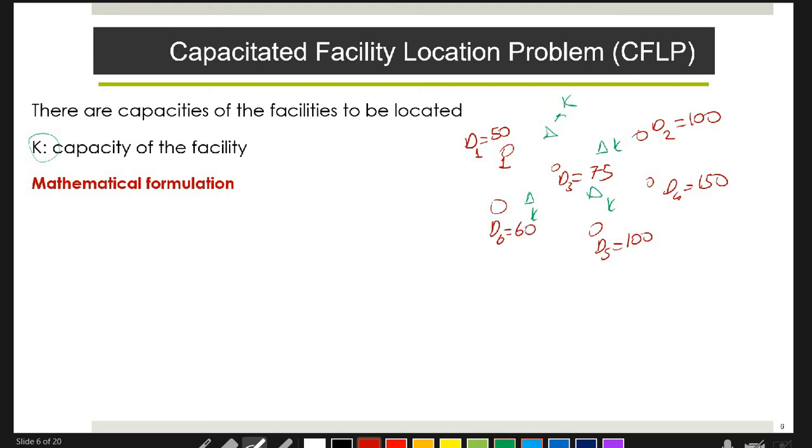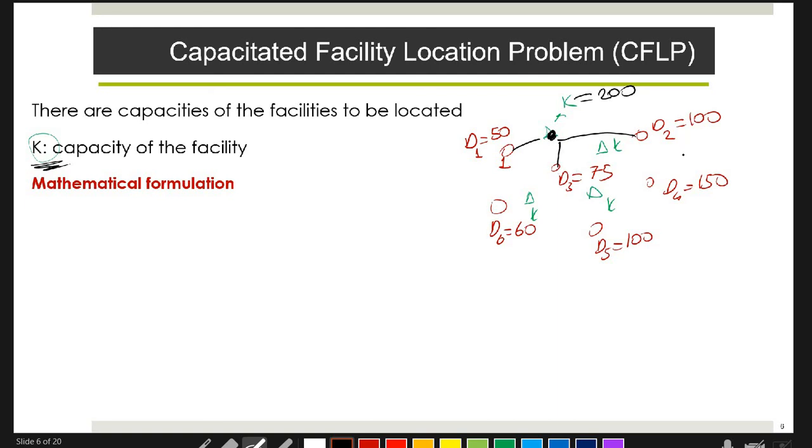Now, if you decide to open a facility, let's say here, and if this K is a parameter of the problem, it is given to you, and let's say K is equal to 200. Now, the question: can I assign customers 1, 2, and 3 to this facility?